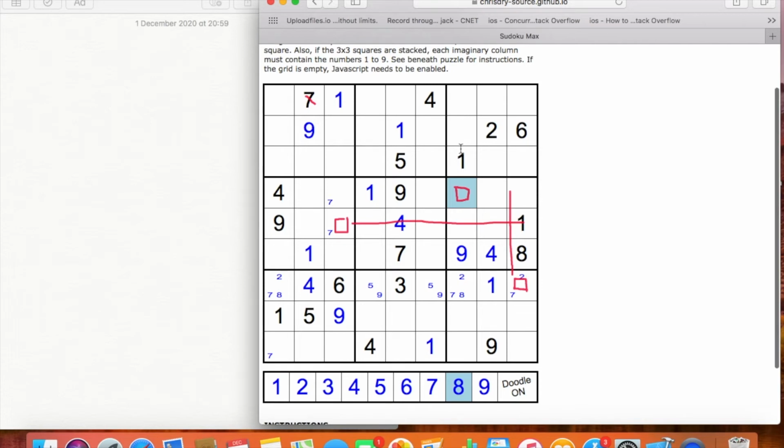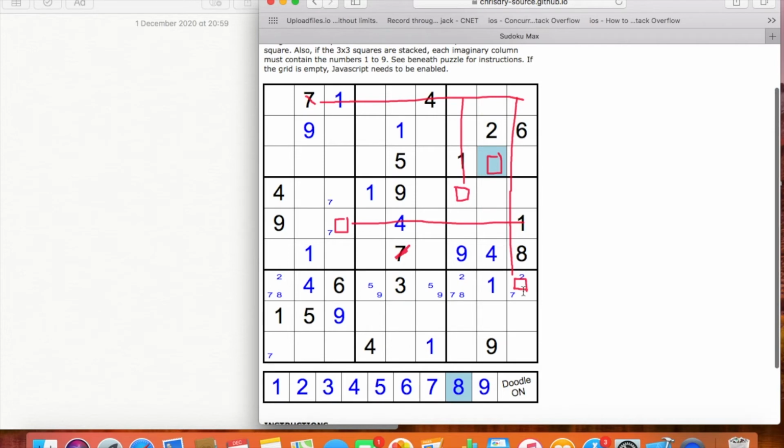But if it was in that top square, then the only remaining slot for a 7 in the top right block would be here. And that would clash with this 7 here.